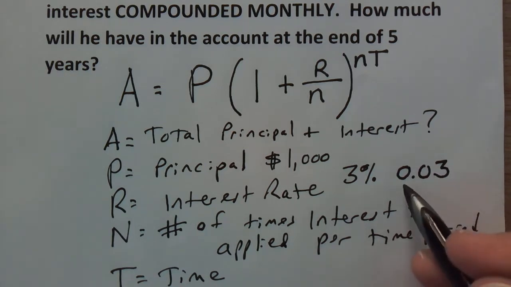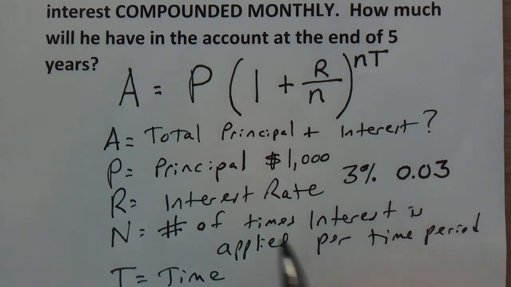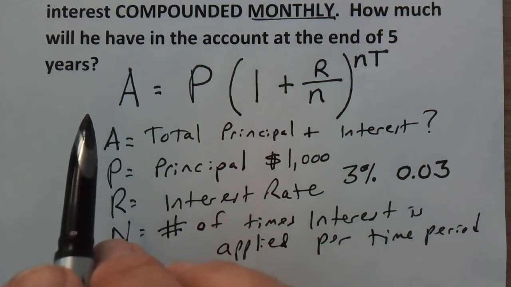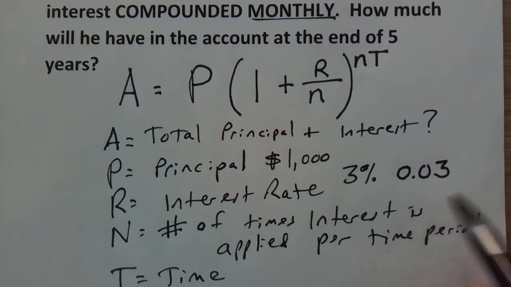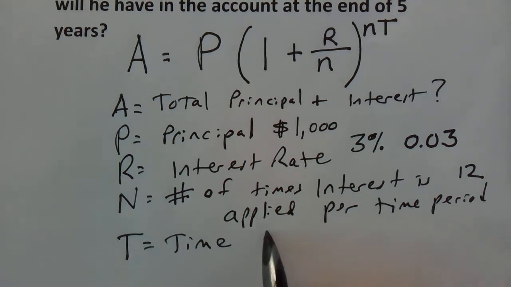So we're going to write that as 0.03. Check out that video showing you how to do that. The number of times interest is applied per time period: since it's being compounded monthly, the time period is 1 year, and over the course of 1 year it's going to be applied 12 times, so that N is going to be 12. And our total time, how many years is it going to be? Well, it's 5.